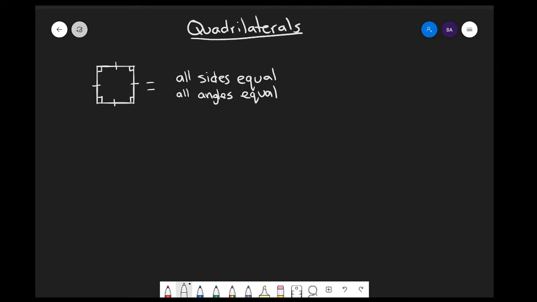All right, so the next most common four-sided shape after square that we probably think of is a rectangle. Now a rectangle has opposite sides that are equal length.